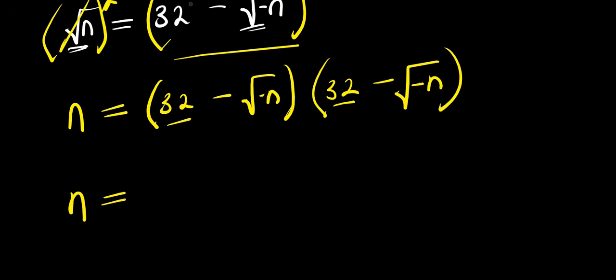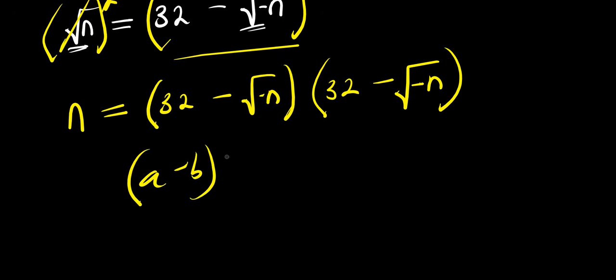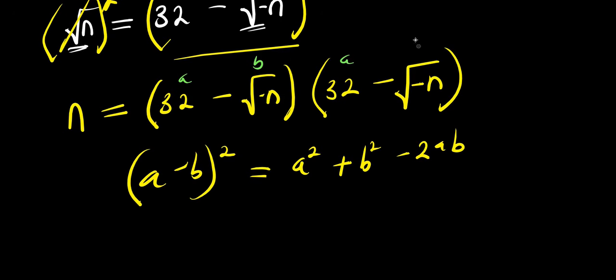Or if you don't want to do it that way, let's do it this way. Let's apply this identity: a minus b, raised to the power of 2, gives a squared plus b squared minus 2ab. In this case, this is my a and this is my b.